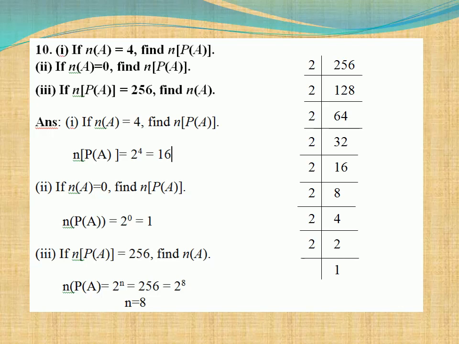So I am dividing here. 256 divided by 2 is 128, divided by 2 is 64, divided by 2 is 32, divided by 2 is 16, 16 divided by 2 is 8, 8 divided by 2 is 4, 4 divided by 2 is 2, 2 divided by 2 is 1. So how many 2's are there here? Totally 8 2's. So 2 power 8. Here the base is the same, so you can equate the powers. 2 and 2 are the same, so equating the powers, n is equal to 8. Here n, the number of elements in the set A, is equal to 8. That is the answer.